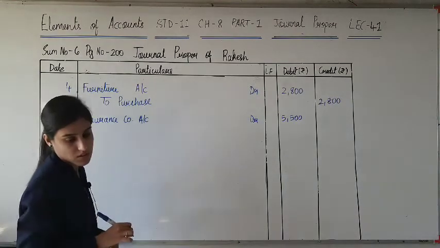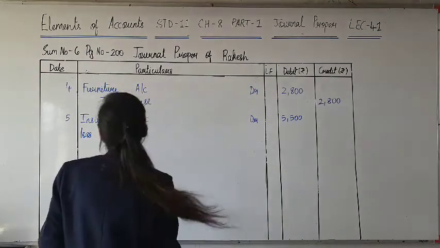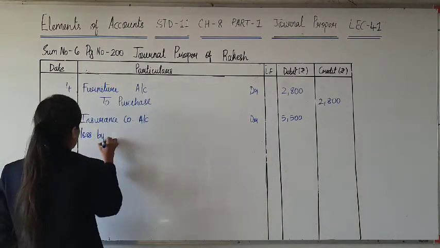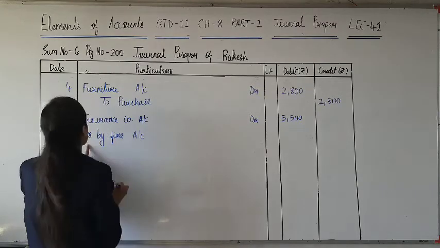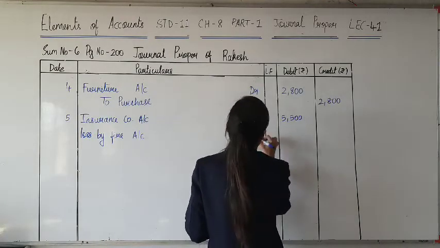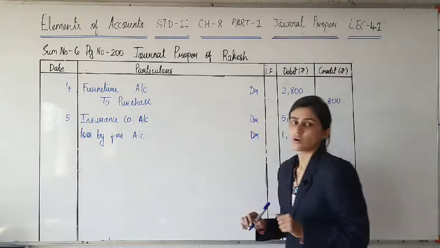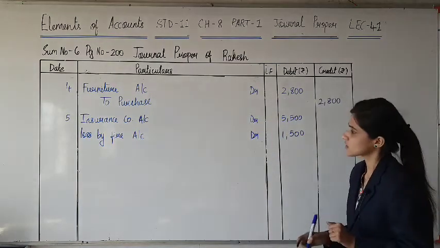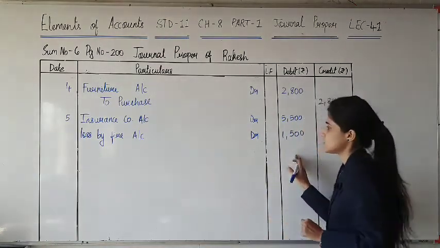Next thing is loss. What is our question? Destroyed by fire. So loss by fire account debit. Loss by fire is how much? 1,500 only, because out of the total loss, 5,500 is agreed by insurance company to pay. So loss is 1,500.